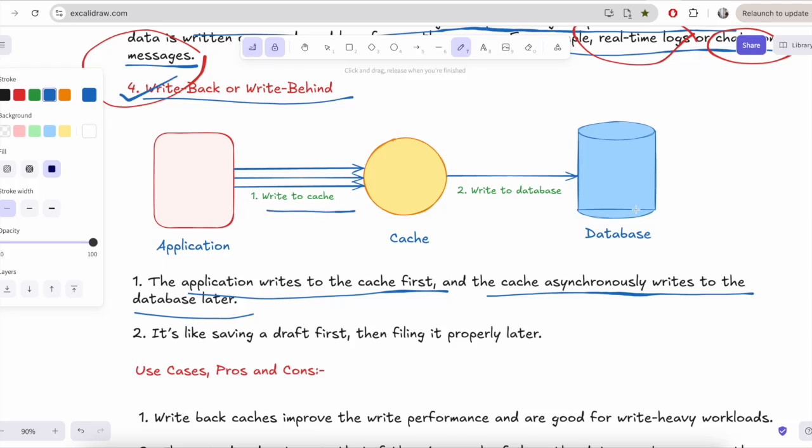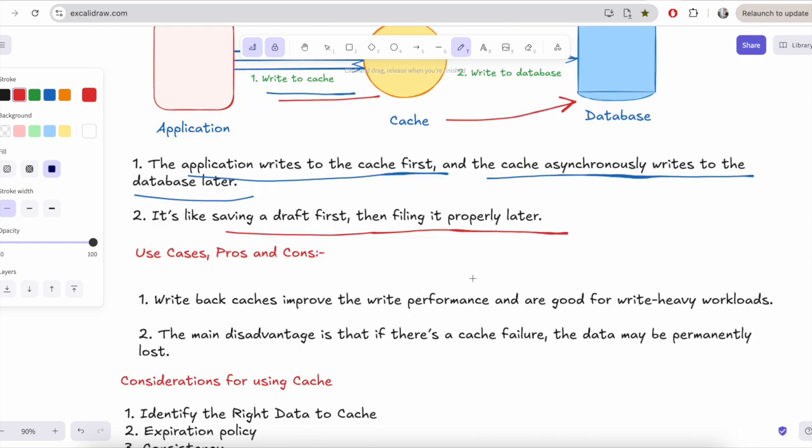It won't update the database right away. It will only write to the cache, and then your cache's job is to write the data to the database. It's like saving a draft first, and then you can fill it properly later.